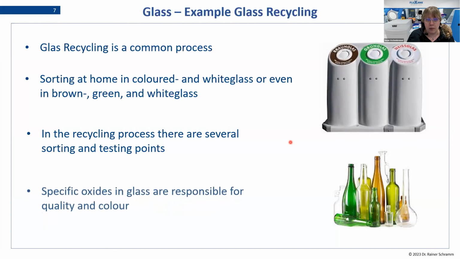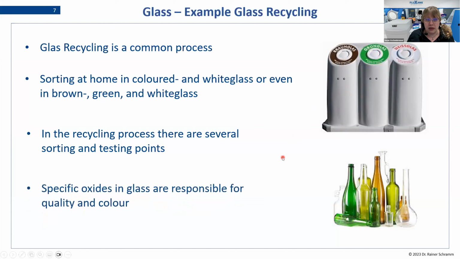What is happening is that there are specific oxides in the glass that are responsible for quality and color, and those can be measured using XRF. Just as an example, the green color in the green bottle comes from chromium.